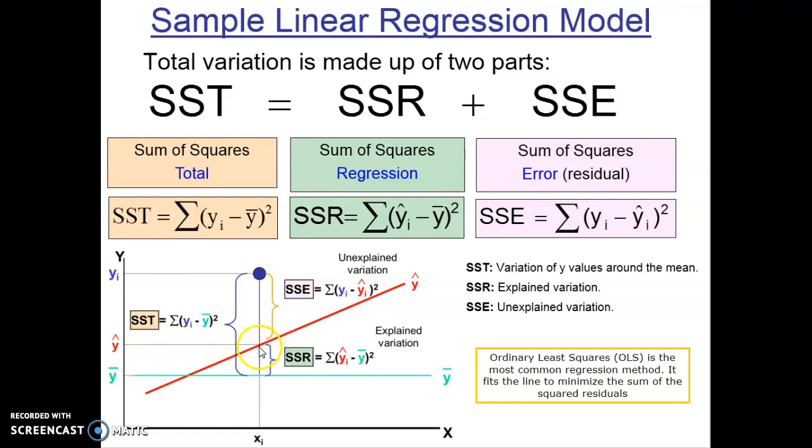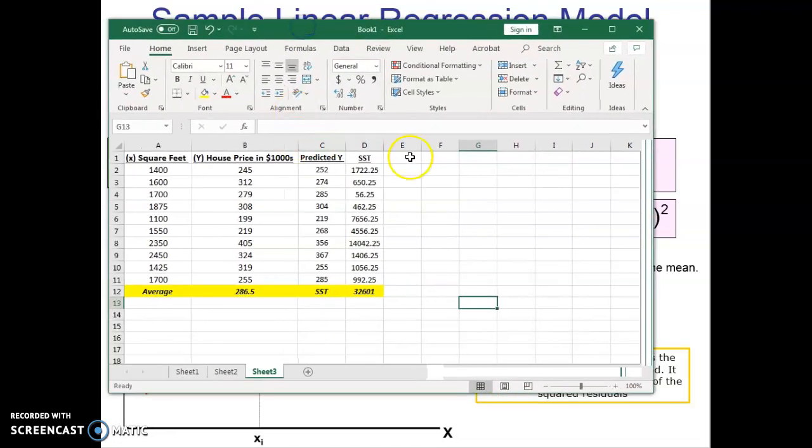So we take that predicted value and we find out how far that lies from the average. So, y predicted, y hat, minus the average value, y bar. And then we square that, and we do that for every other data point in our set. So let's go into Excel, and we're going to create another column, sum of squared regression.